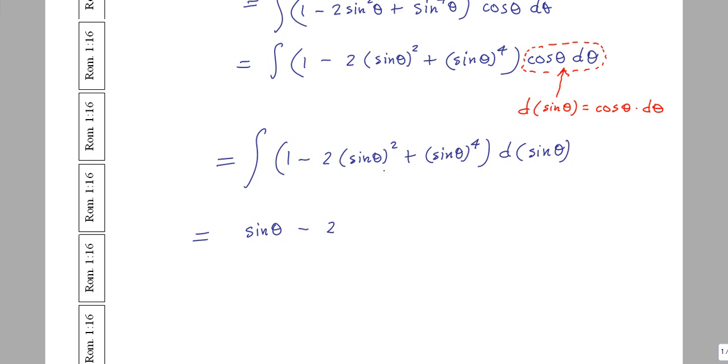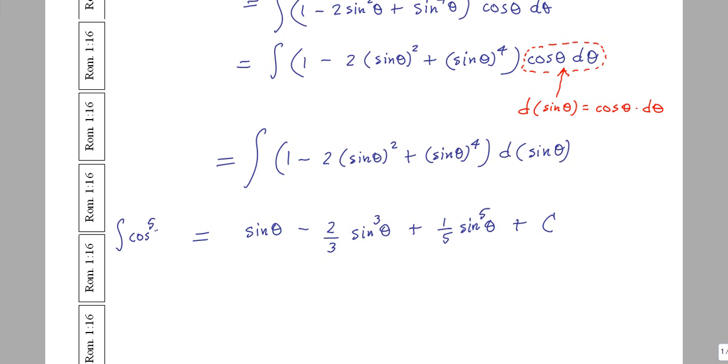That's going to make it a cube over 3, so it's going to be minus 2/3 sine cubed theta plus, in likewise fashion, a fifth of sine to the fifth power theta plus some constant of integration.